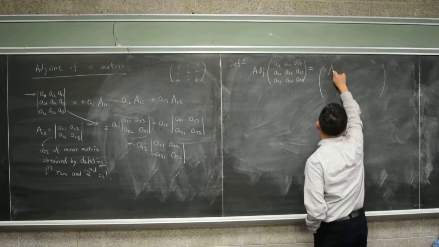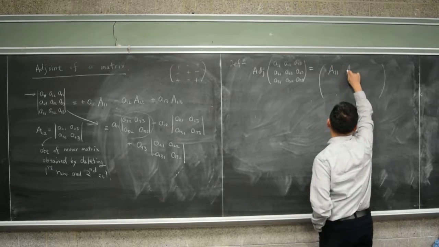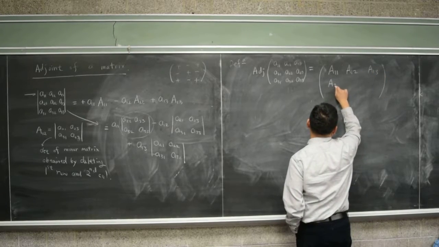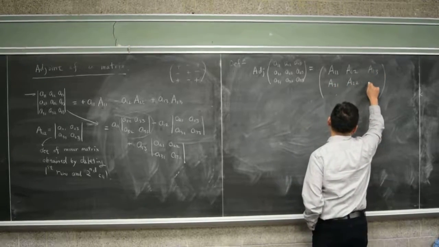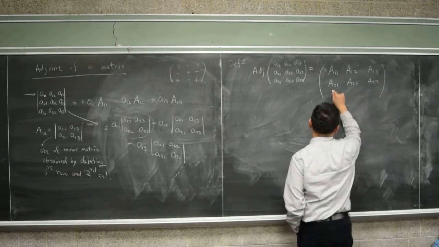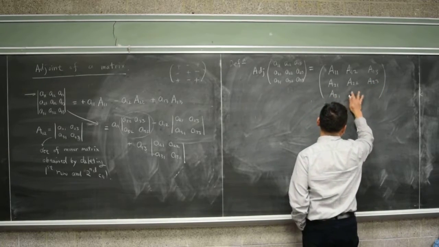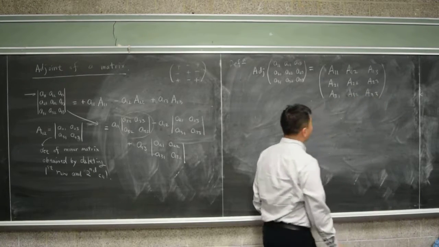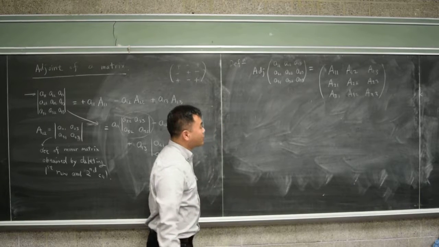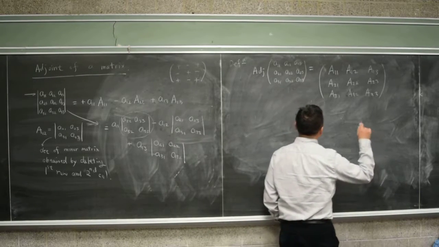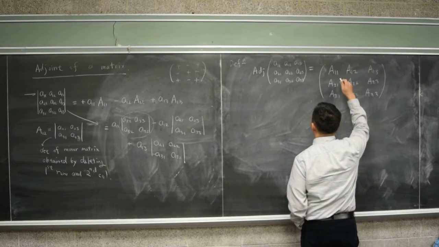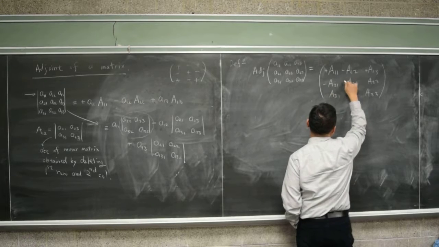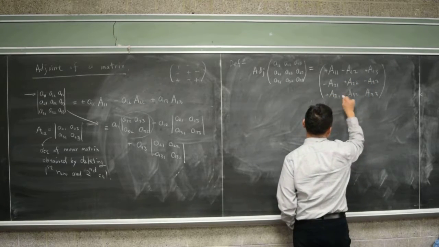You just write capital A11, A12, A13, A21, A22, A23, A31, A32, A33, and after doing this, you apply the checkerboard of signs. So you put plus, minus, plus, minus, plus, minus, plus, minus.